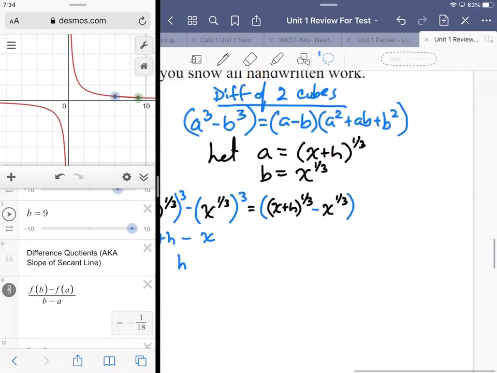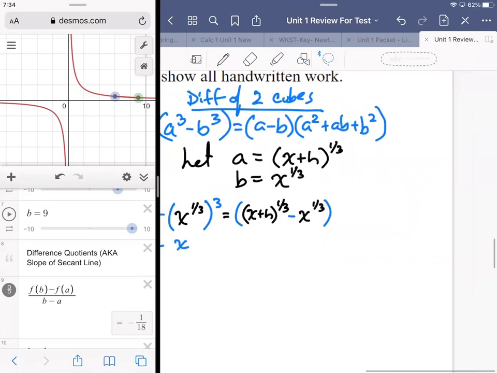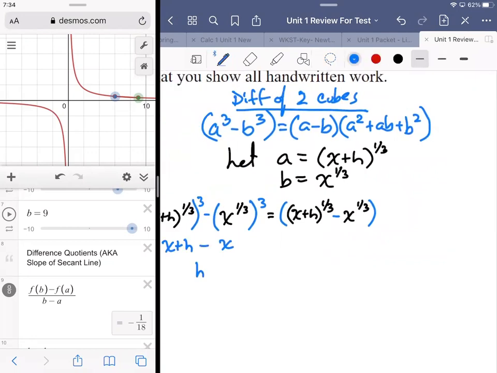All right. So a squared. So our a is again the x plus h to the 1/3. That's getting squared plus a times b. I'm just going to write it down here and then put it all together in a second.